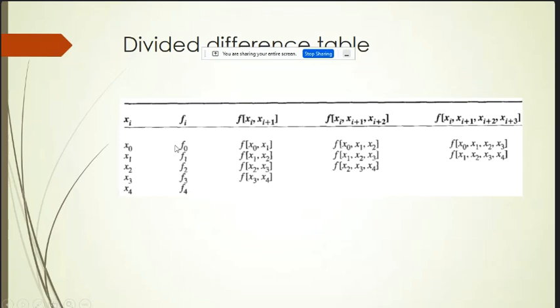Regarding these 5 points, we get 4 divided differences: between x0 and x1, x1 and x2, x2 and x3, x3 and x4. We have here 4 divided differences of first degree, and we can calculate the 3 divided differences between 3 points, x0, x1, and x2, and so on.